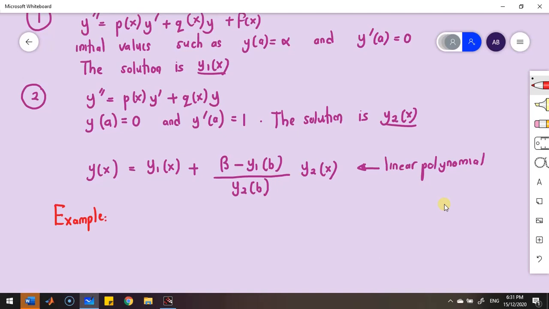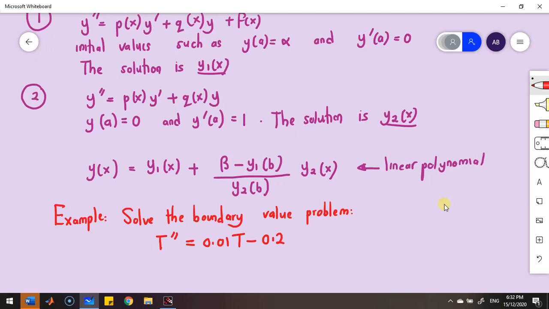So the example says, solve the boundary value problem given as T double prime equals 0.01 T minus 0.2.